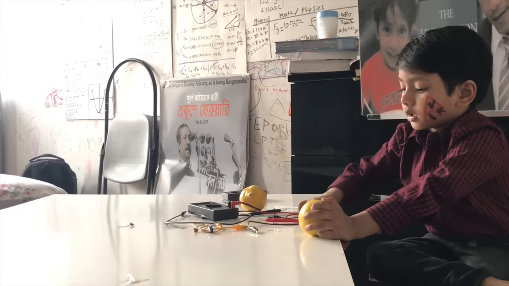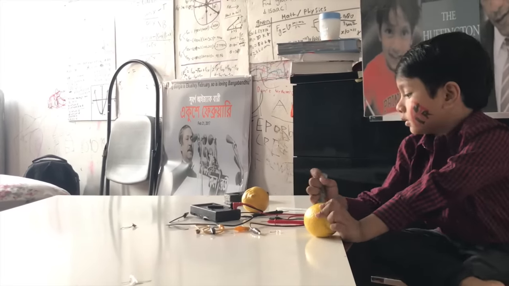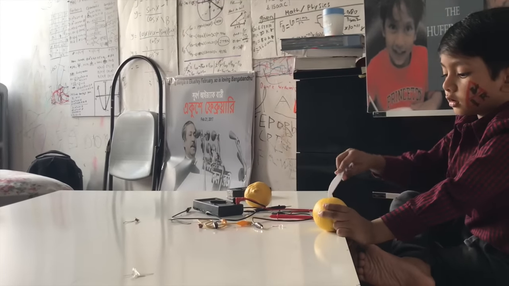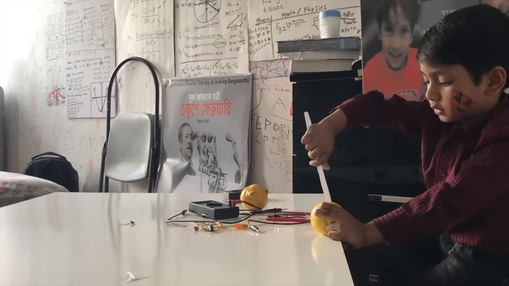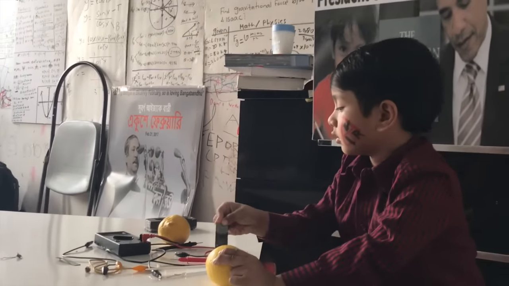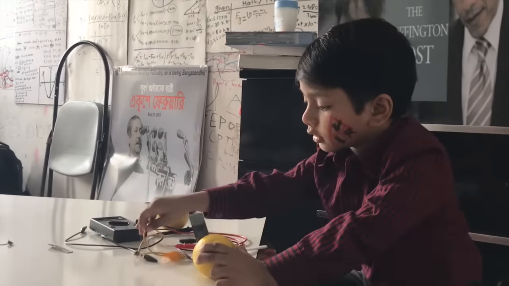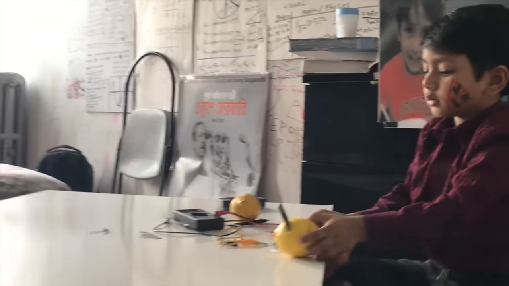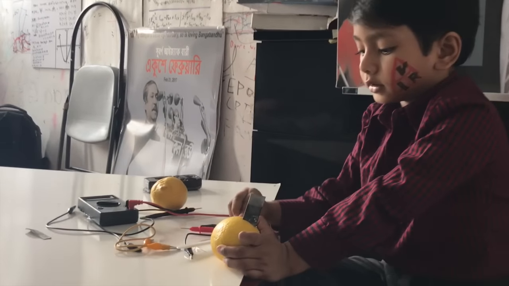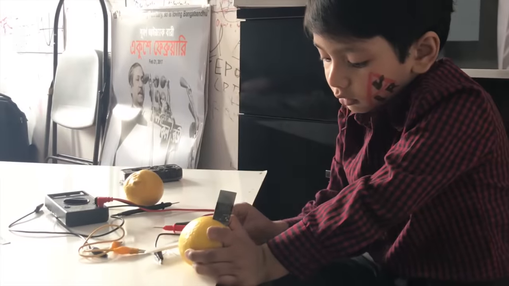Zinc has atomic number 30. And the atomic mass is 60. Put over here. Now the other one, it's good to see that you have a nice little piece sticking out.